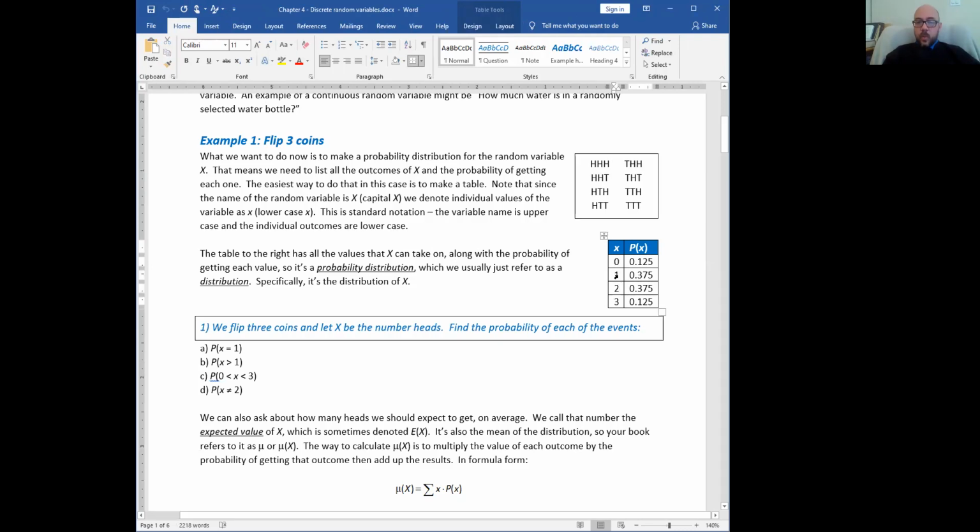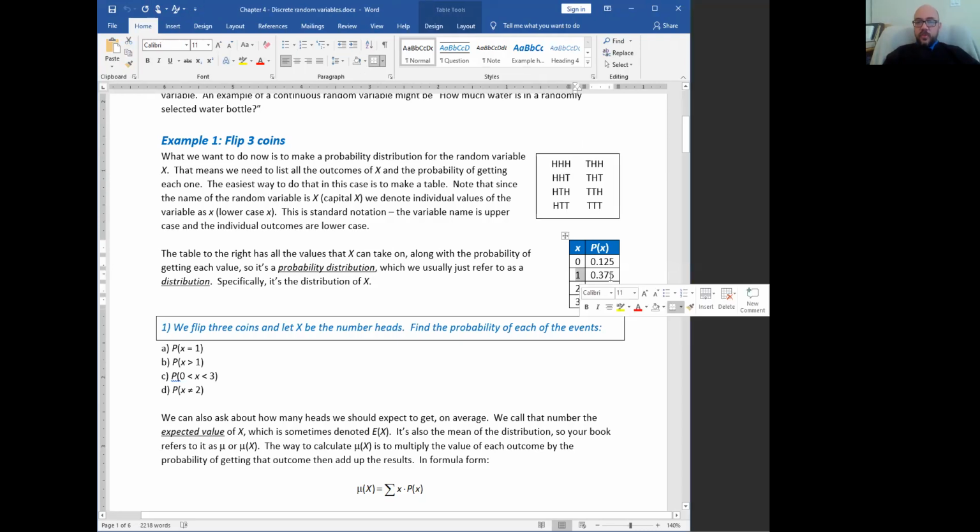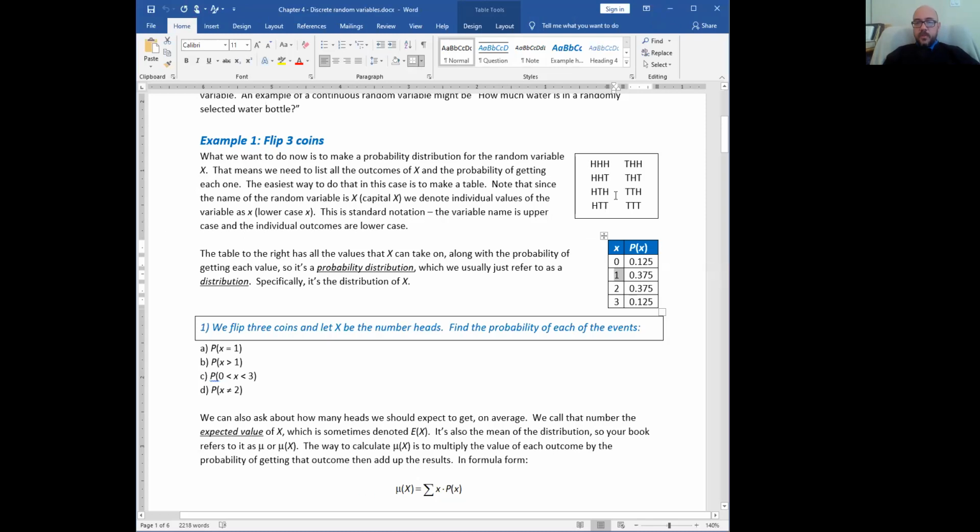And the probability of getting 1 head in 3 flips is 0.375, because there are 3 different outcomes here. This one, and this one, and this one, all of which have exactly 1 head in them, right? And each one has a probability of 1/8, so we get 3/8 probability.